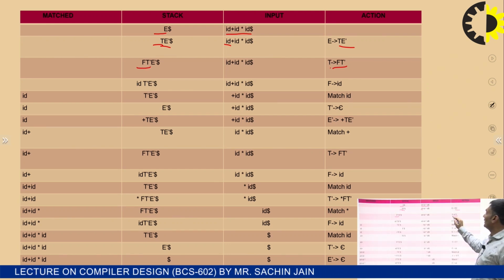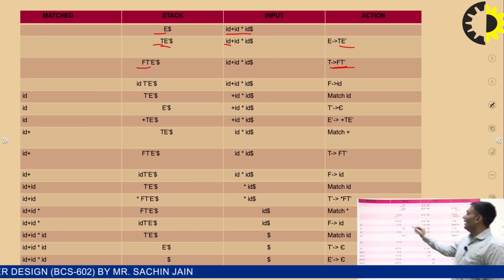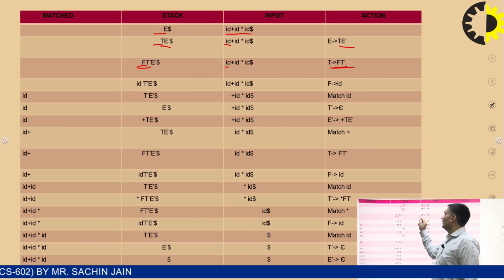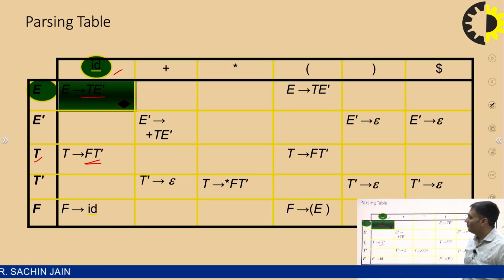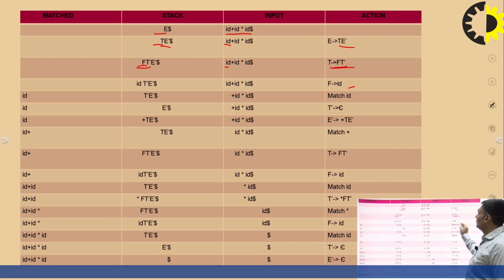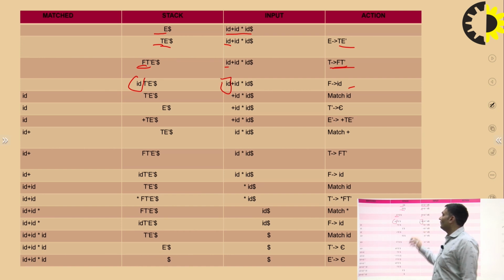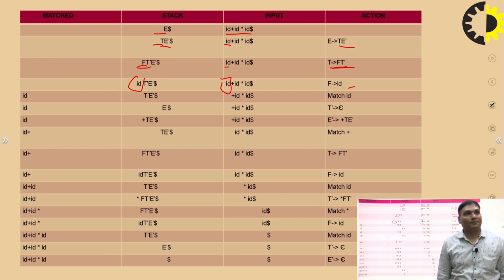Here we write in the right order, here we write in reverse order. Now F on id: we refer to this table, there is a rule F to id. If id and this id match, then we pop out this one.